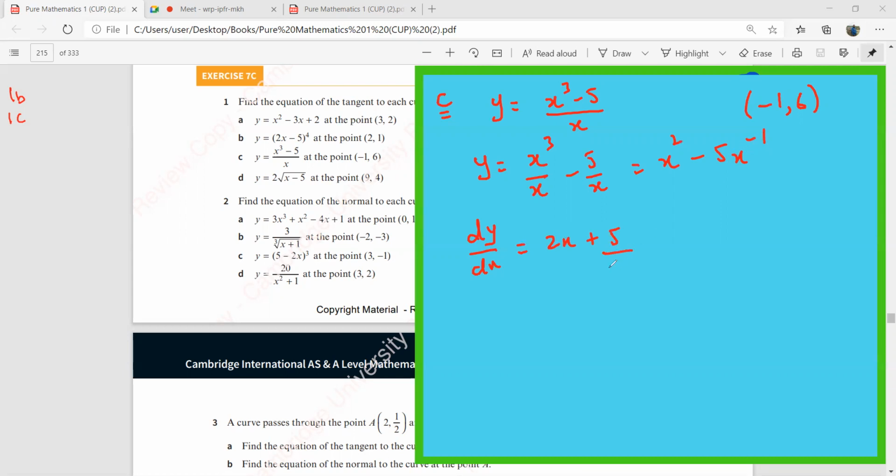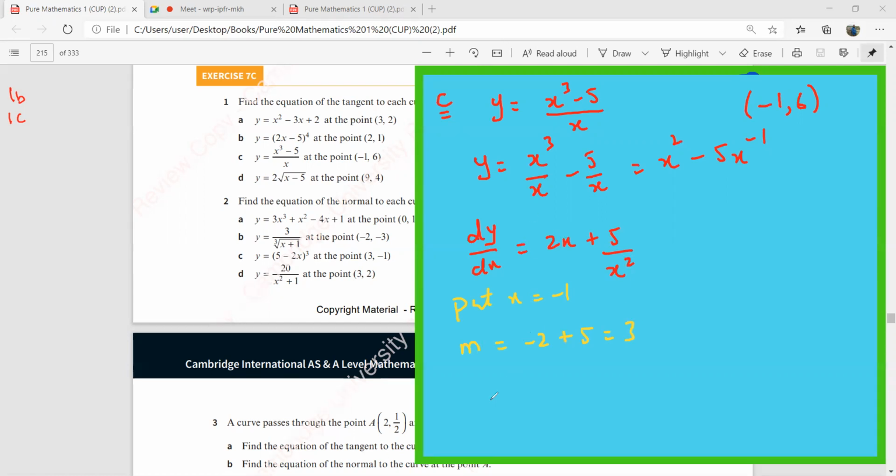I'll write it as 5 over x squared. Now I'll put x equal to minus 1 into it. That will give me the gradient of the tangent. This is minus 2 plus 5, and that is equal to 3.